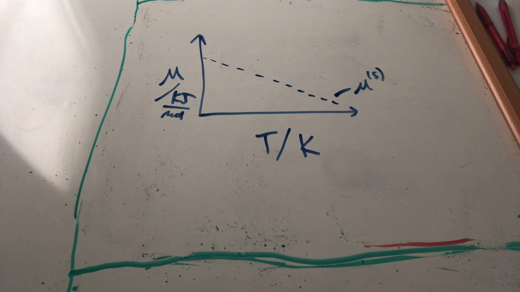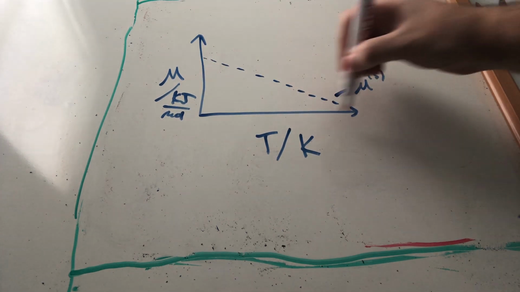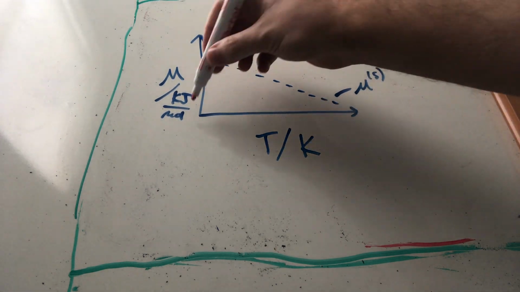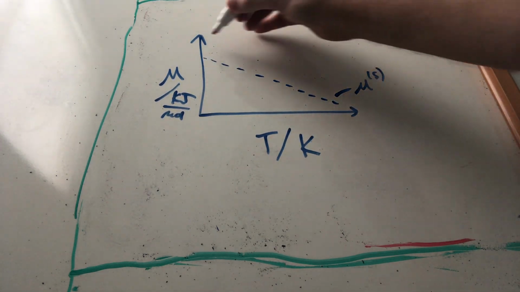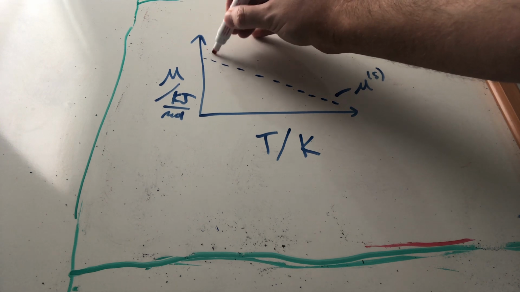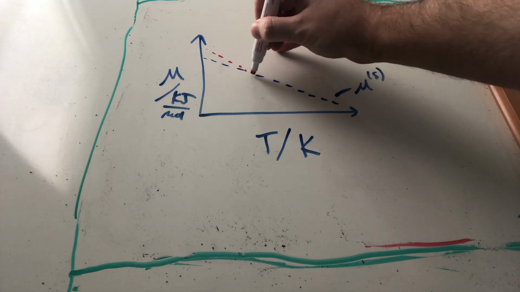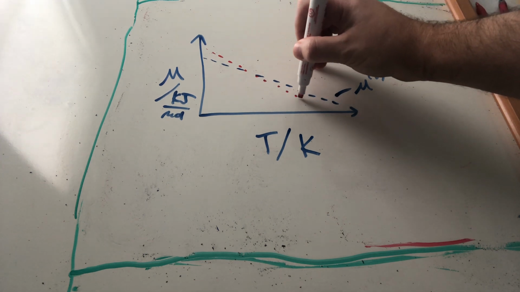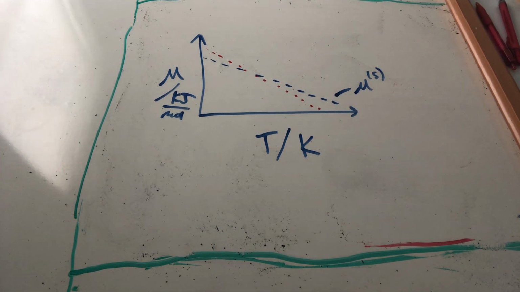So what happens for mu for my liquid? Remember, this mimics what's happening on that phase diagram. We know we go from solid to liquid to gas. So mu for my liquid, I'm going to write like this.